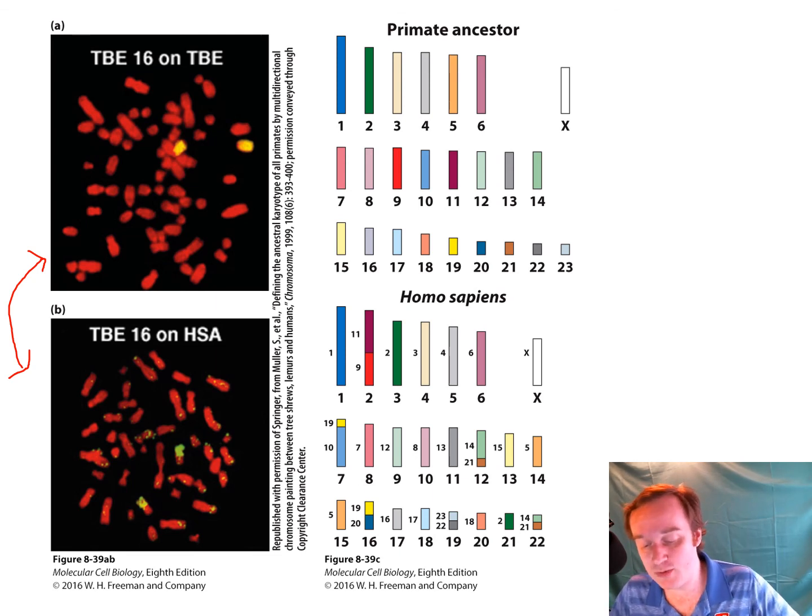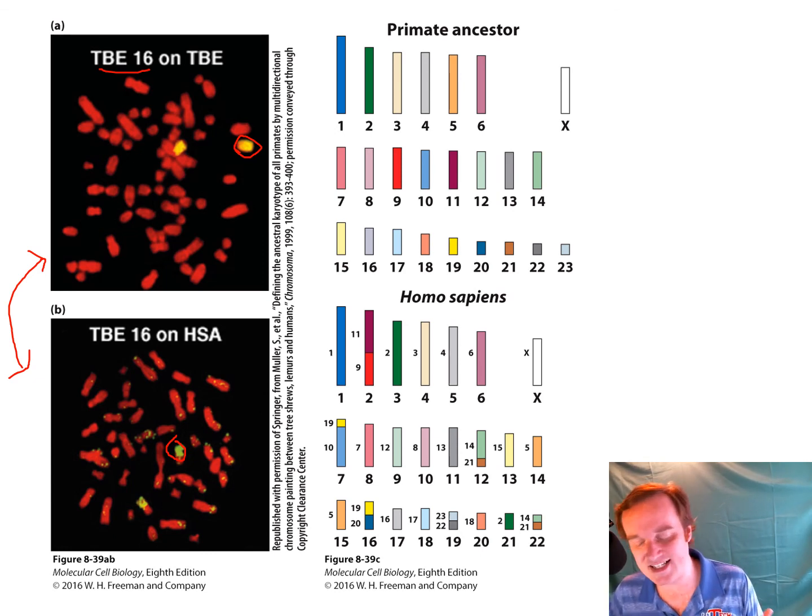So we have this probe that is specific for chromosome 16 of the tree shrew. And if we use that on the human genome, we can see that there is this conserved piece of chromosome that throughout evolutionary history has stayed intact all the way up to humans.